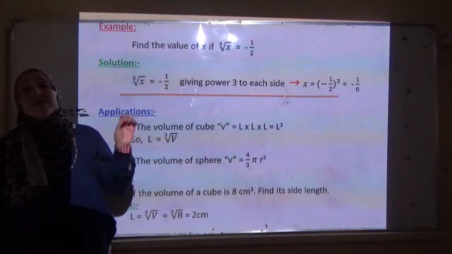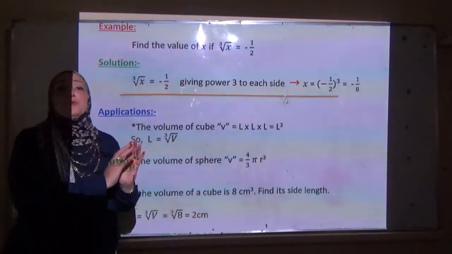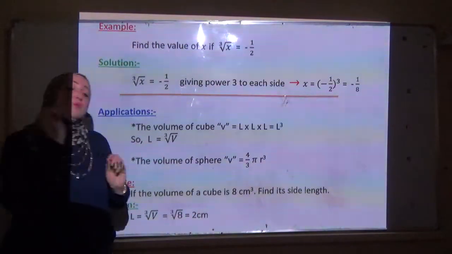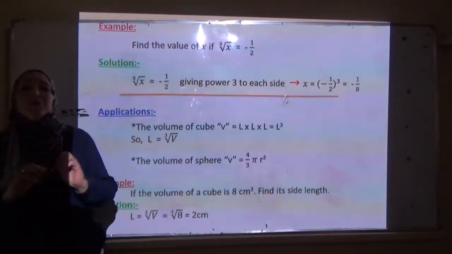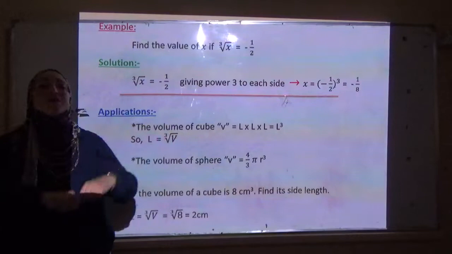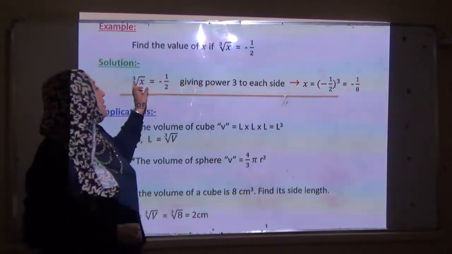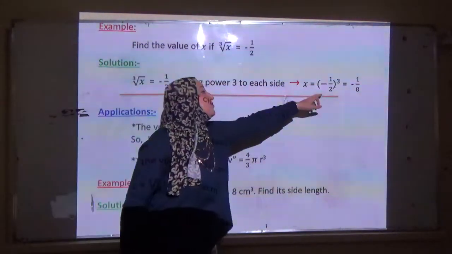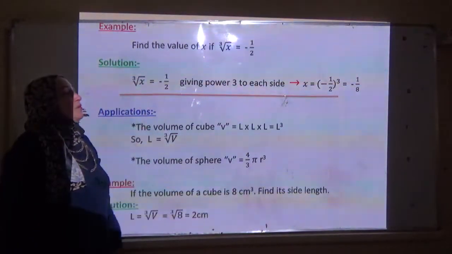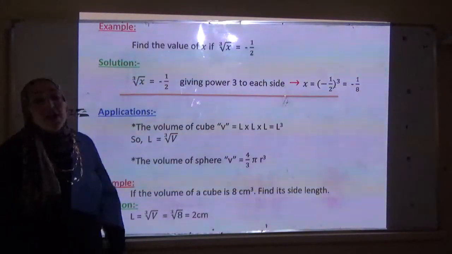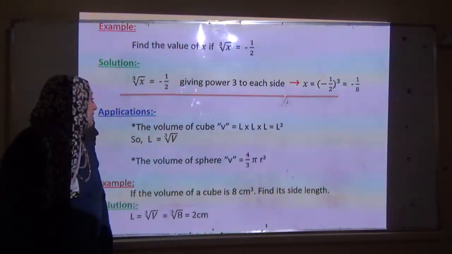We need to get rid of the cube root, so we give power 3 to both sides. Then x equals (negative 1 over 2)^3, so x equals negative 1 over 8.